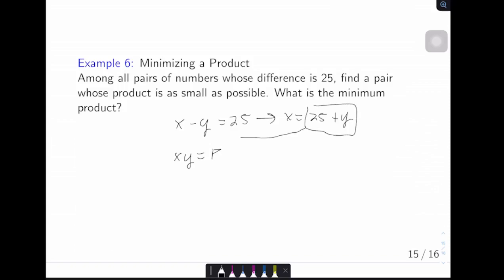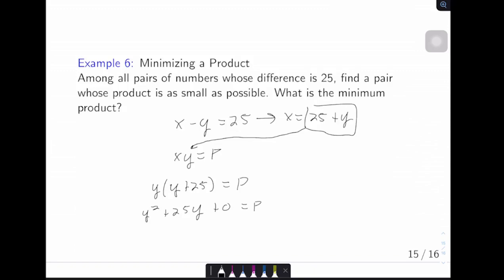I can now take this and plug it in and get x times, oh, actually I want y. Y times y plus 25 is equal to p. And then we will distribute. So we'll get a y squared plus 25y plus 0 is equal to p.